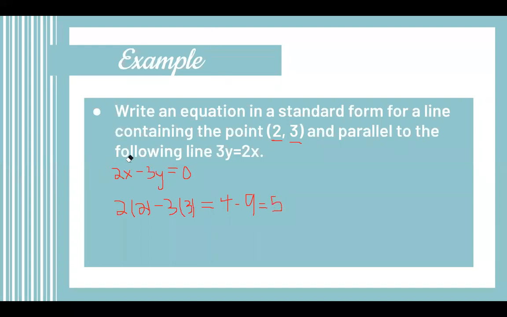So that will give us the answer 2x minus 3y equals negative 5.